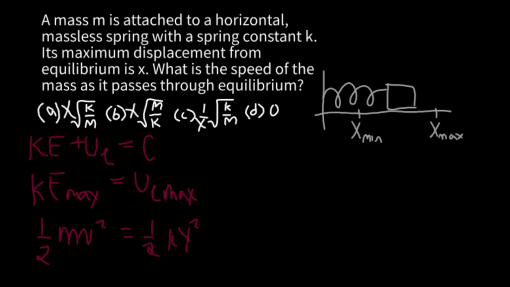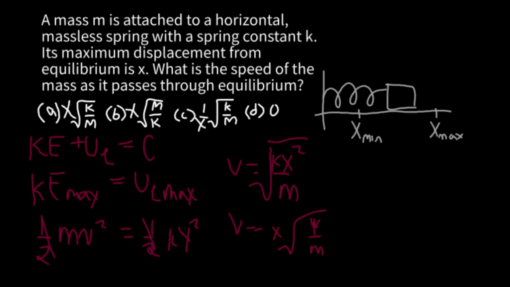We can multiply both sides of the equation by 2 and algebraically solve for v to get kx squared divided by m. Take the square root. The square root of x squared is x. We can do that because everything is being multiplied or divided. So we see that v equals x square root of k over m, and that would be option A.